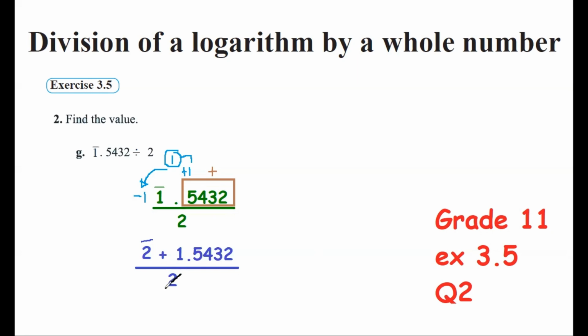How many 2s are in the 2? 1. The same way, bar 2 has 1, so bar 1 here. And then we divide this section. 1 does not have any 2s, so you put the 0.